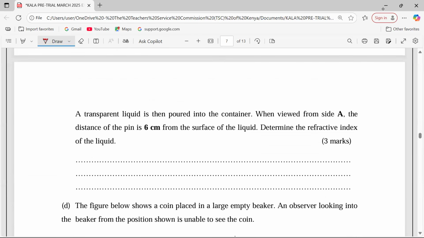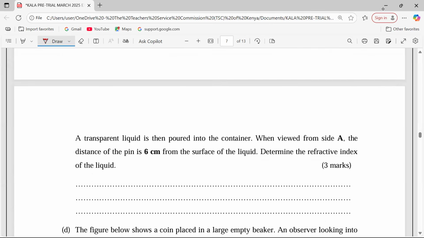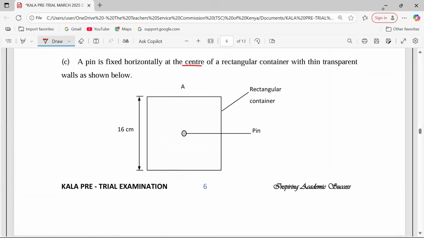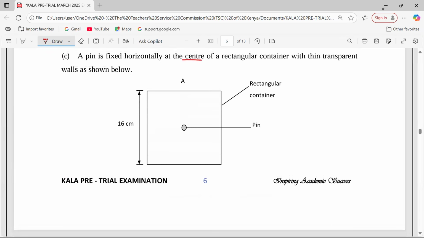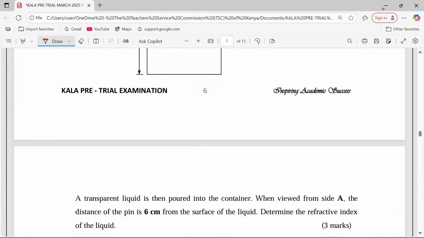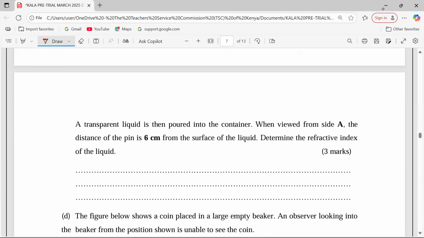A transparent liquid is then poured into the container. When viewed from side A, the distance of the pin is 6 centimeters from the surface of the liquid. Determine the refractive index of the liquid.